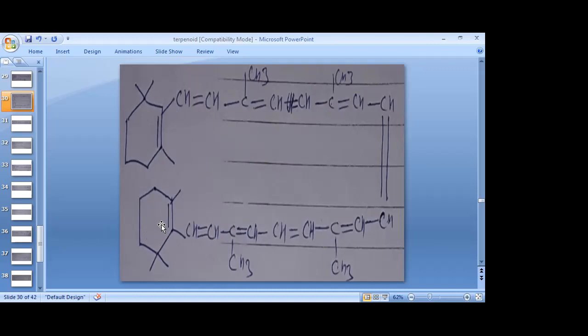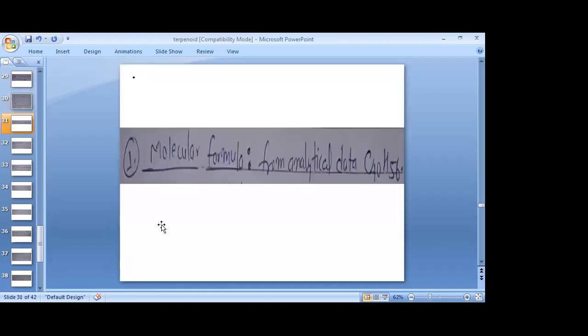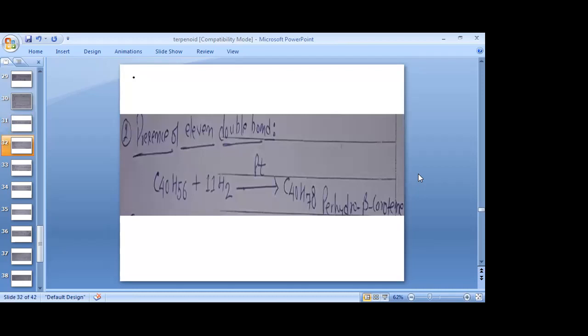Now, how do we clear up the structure of carotene? What about its molecular formula? The molecular formula is established by analytical data. It is C40H56, 40 carbons and 56 hydrogens exist in beta carotene. Now, there are 11 double bonds. How do we confirm that? By a hydrogenation or addition reaction.